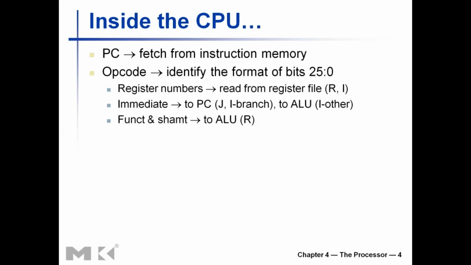Then if it is an R-type or I-type instruction, you have register numbers. R-type instruction, you have 3 register numbers in the instruction itself. I-type instructions, you have 2 register numbers in the instruction.